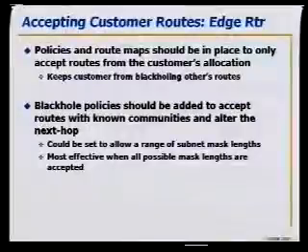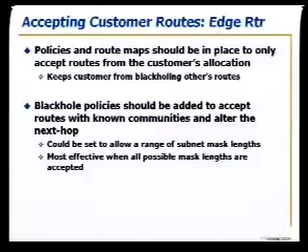I don't know. But in the next bullet, you actually want to allow the range of subnet mask lengths, probably the whole range. In other words, build a prefix list so it allows up to a /32. The reason being, obviously, you want the customer to be able to announce host addresses to be blackholed, as opposed to network subnets.